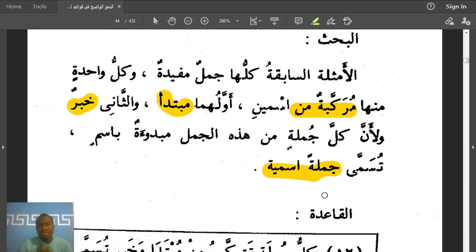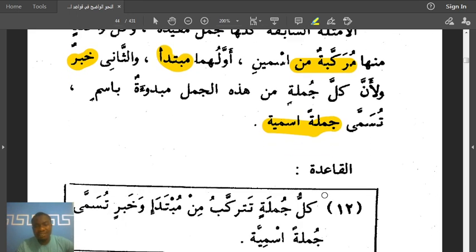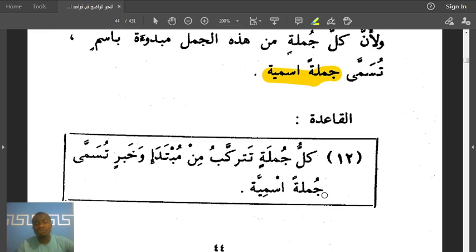So basically what we did in this lesson is just knowing what jumla ismiya is. Al-qa'ida, the grammatical ruling, which I said this portion is always for memorization. Kullu jumlatin tatarakkabu min mubtada'in wa khabarin tusamma jumlatan ismiya.